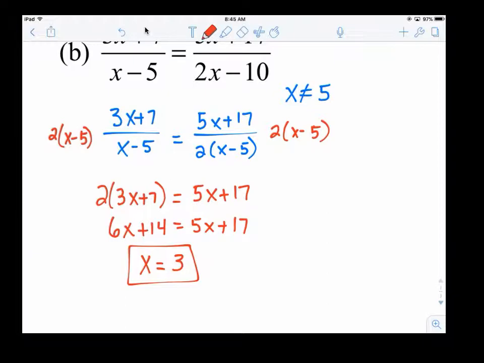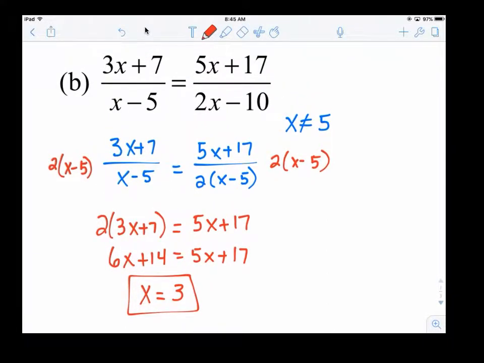Good with that? Does that make sense? You just want to make sure, before you start the problem, that you're writing what x cannot be because of the restriction in the domain.